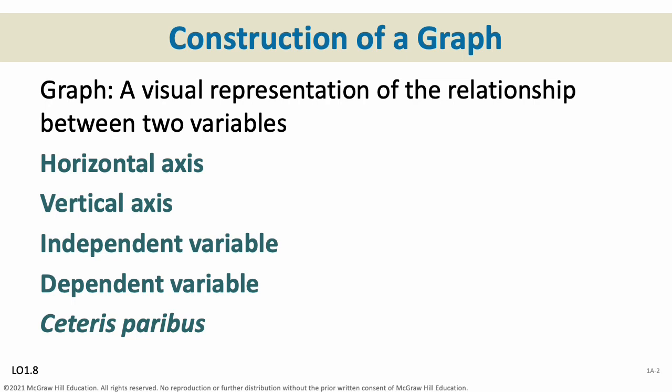But in economics, generally we put price or cost data on the vertical axis always, even if it is independent. So this is a little different than graphs you may have seen in math class. The price is always going to be our vertical axis.